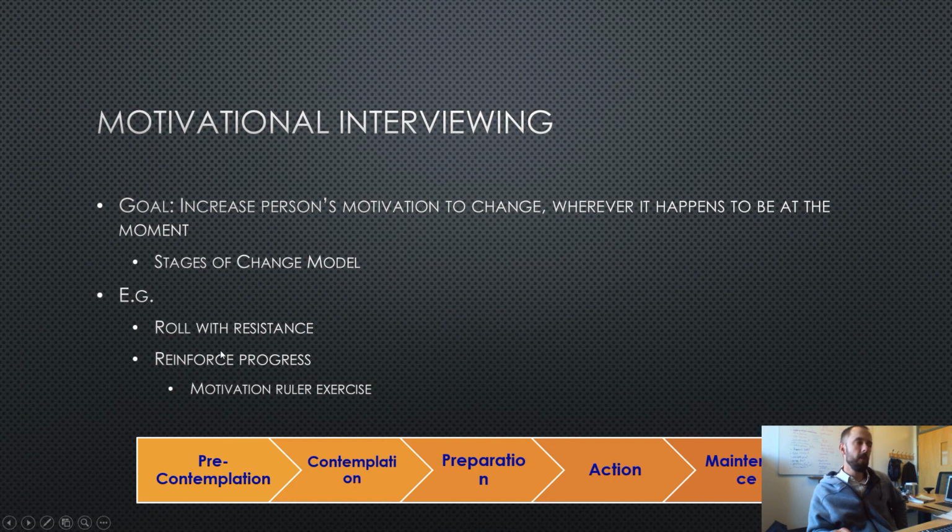One cool one that you can use with someone you're trying to convince to do something is called the ruler exercise. So let's think of an example. You've got a roommate, and you hate how the roommate smells or whatever. Like your roommate doesn't shower, and it bothers you. But the roommate is maybe in the pre-contemplation stage, like they're fine with the situation.